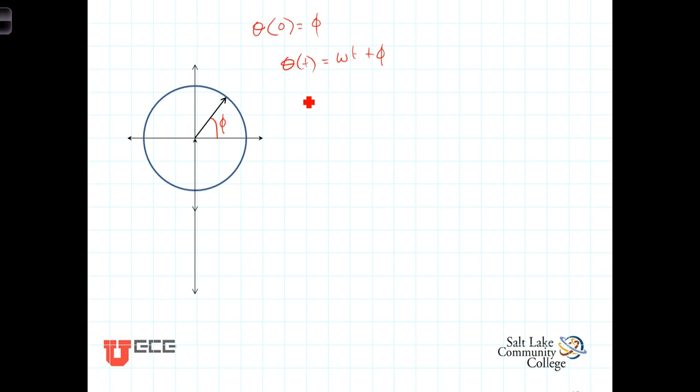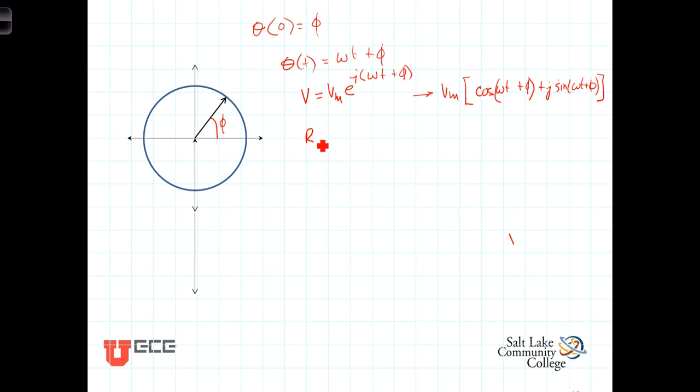And our complex expression v is equal to then v sub m e to the j theta, but theta is now omega t plus phi, which, again, using Euler's formula, we can write as v sub m times the cosine of omega t plus phi plus j sine of omega t plus phi.